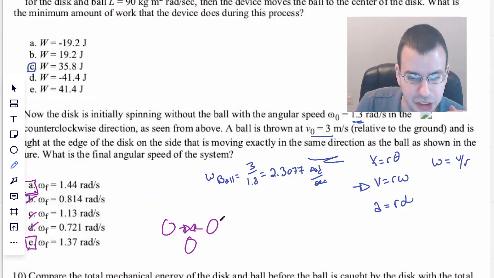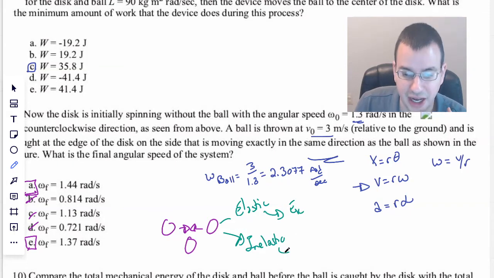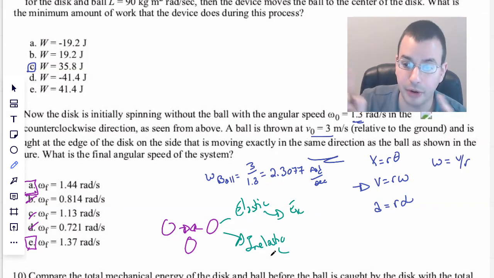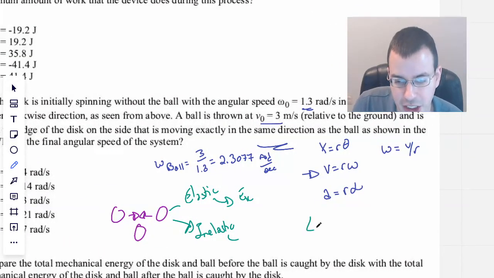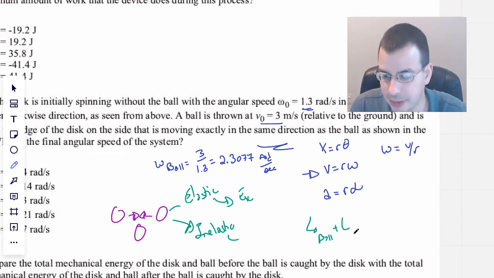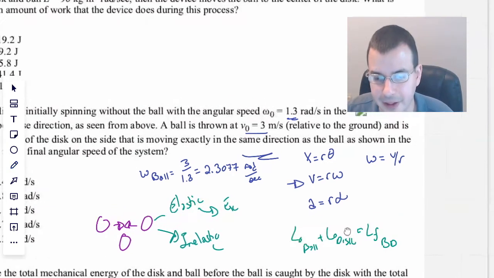So you have two types of collision: elastic and inelastic. I remember that for elastic, kinetic energy is conserved, and for inelastic, kinetic energy is not conserved. But for both of them, the momentum is conserved. So we're going to say that the initial angular momentum of the ball plus the initial angular momentum of the disk equals the final angular momentum of the ball-disk system.